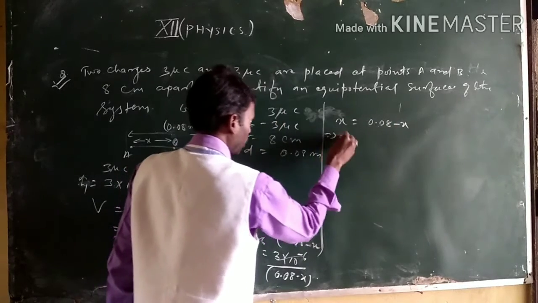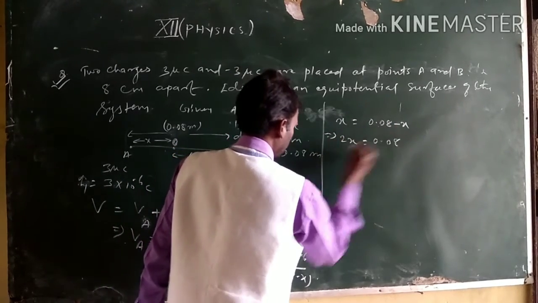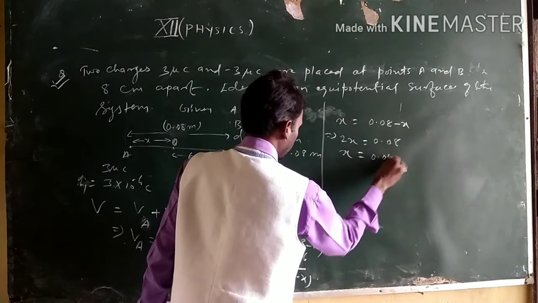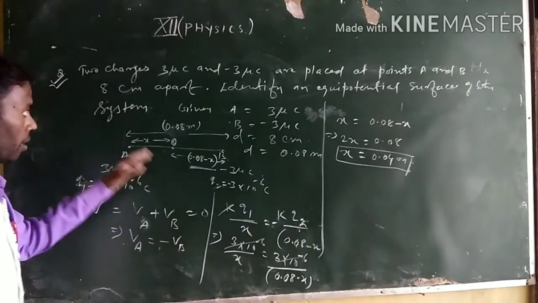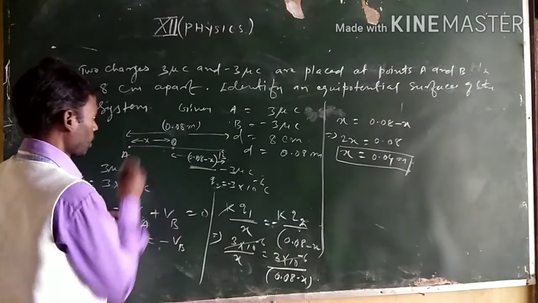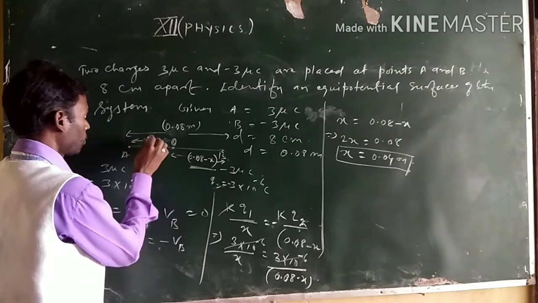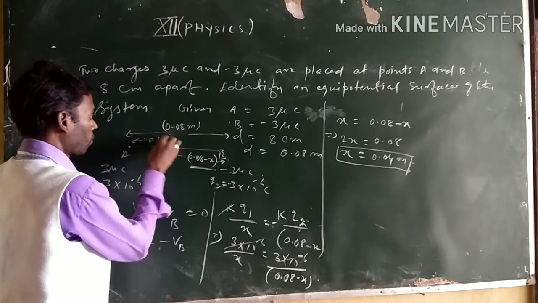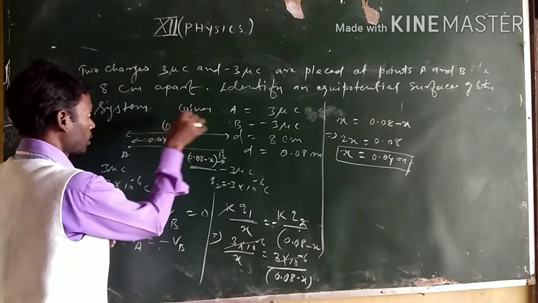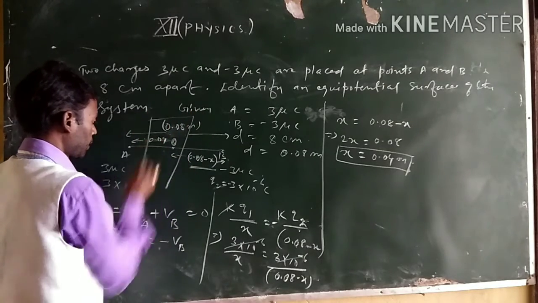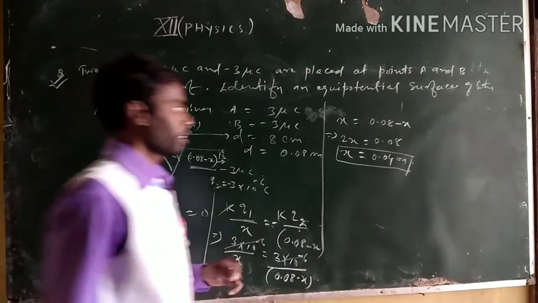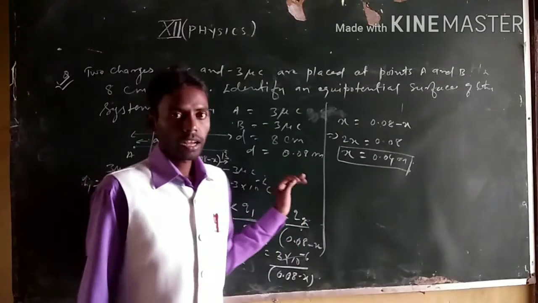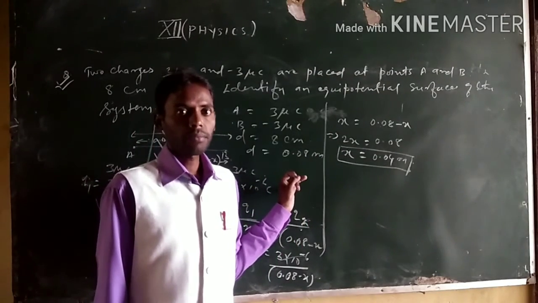Then 2x is equal to 0.08, that means x is equal to 0.04 meter. At 0.04 meter, on this surface, we get the equipotential surface. I hope you understood this. If you have a doubt, please write in the comments box. I will reply to you.